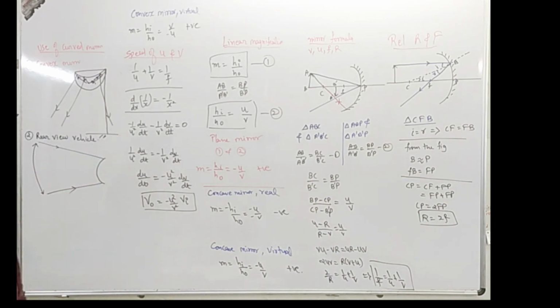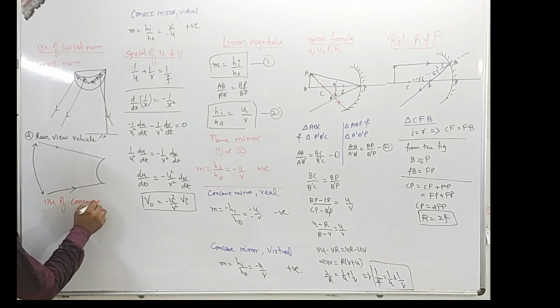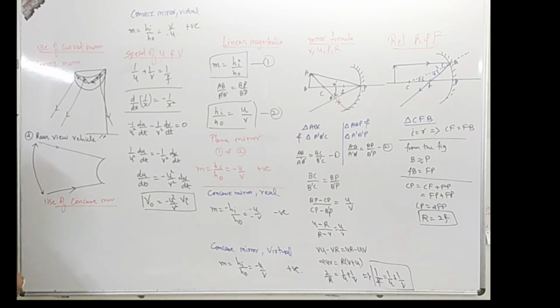Concave mirror produces a parallel beam of light. So if we talk about the use of concave mirrors, since they can produce a parallel beam of light, they are used in torches. How? In case of the torch, you have a concave mirror over here.